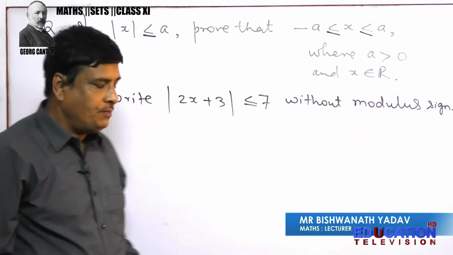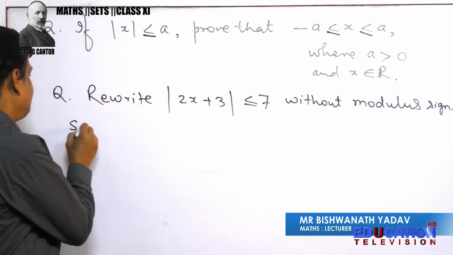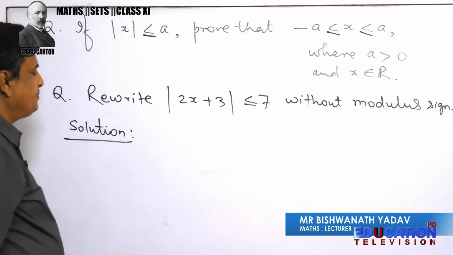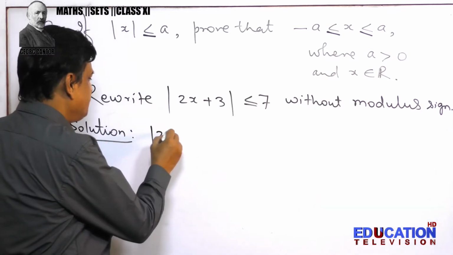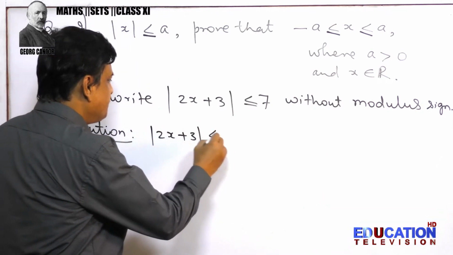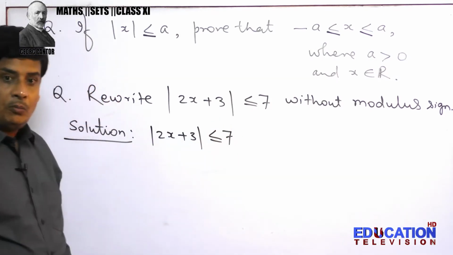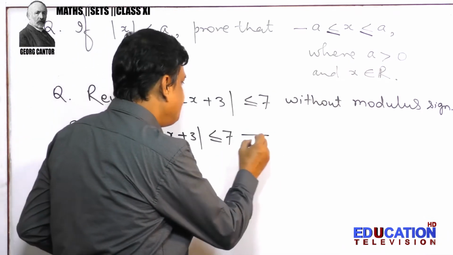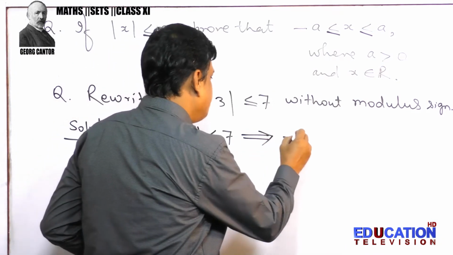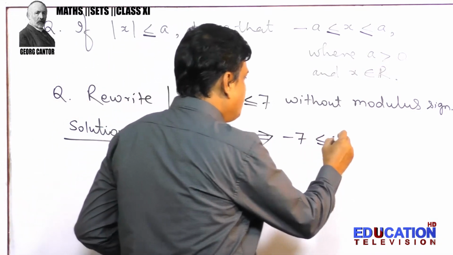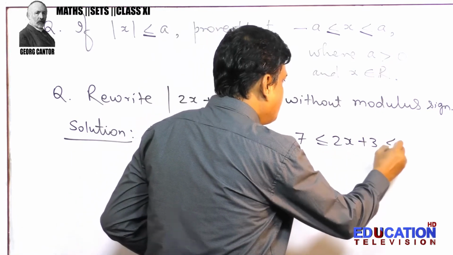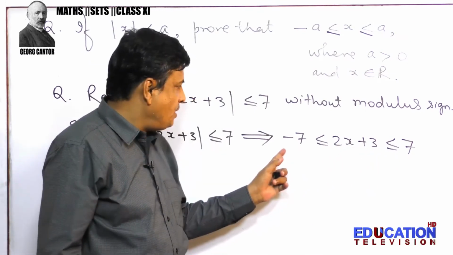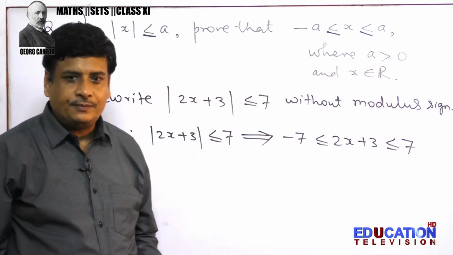If this is the question, modulus 2x plus 3 less or equal to 7 implies 2x plus 3 is less or equal to 7 and greater or equal to minus 7.